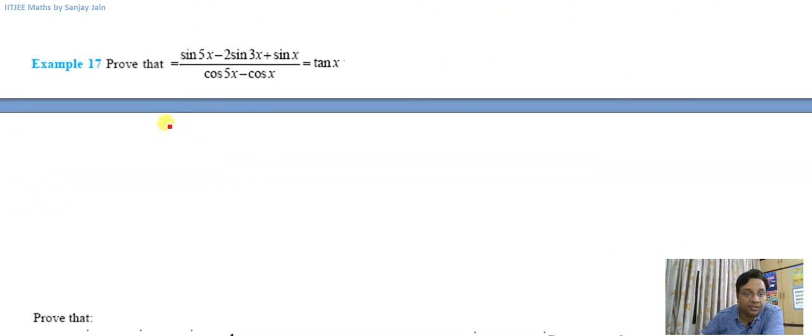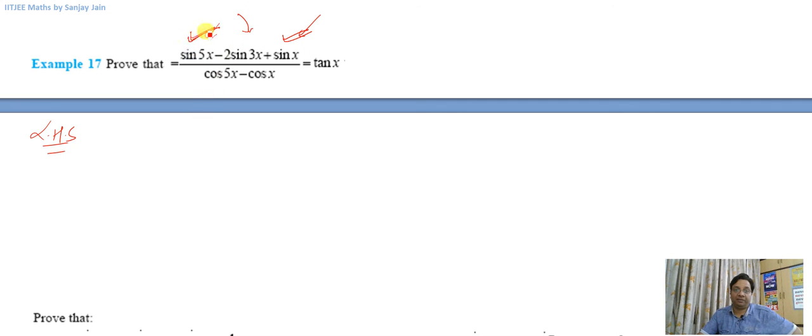Now in this expression, in 7th example, left hand side is sine 5x minus 2 sine 3x, then plus sine x. If you notice, if I apply CD formula on this and this, sine 5x plus sine x, then I'll have a term which is average of these, 5x plus x by 2, which is this one.